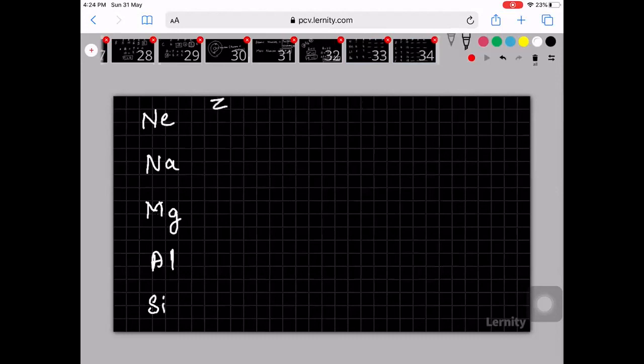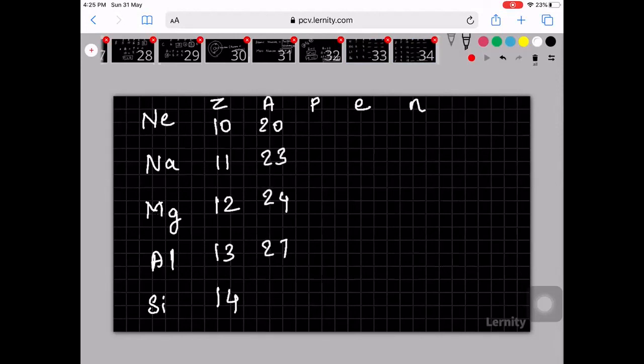So atomic number, mass number, number of protons, electrons, neutrons. Atomic number 10, 11, 12, 13, 14. Here the mass number will be 20, 23, 24, 27, 28. So these are the protons, electrons, and neutrons present. You are just going to fill it.